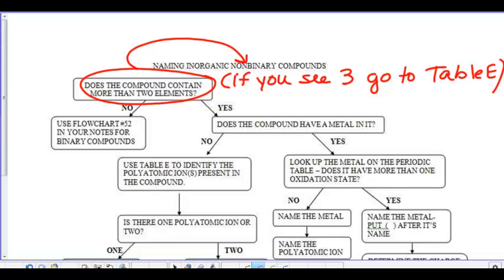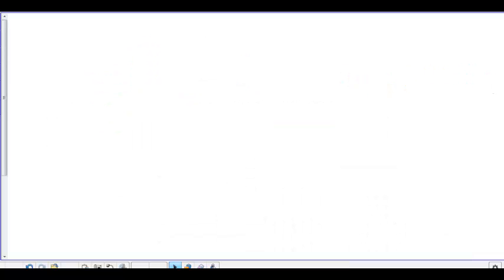All right, so you're going to identify your polyatomics first. I think that's the easy way to do it. And then you can identify what's with your polyatomic, okay? So let's walk through this flowchart with a couple of examples. We'll kind of do it on a split screen here, and you can do them in your notes next to you.